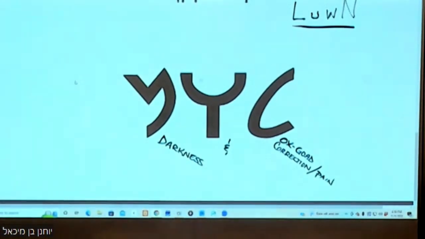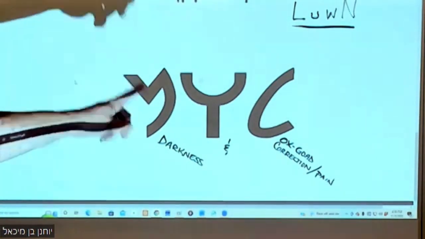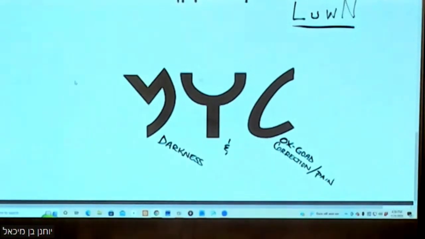But what I want to draw your attention to is that there is a secondary meaning of this word. You know, I always try to bring you a primary and a secondary meaning, okay? Because the secondary meaning for me is what really gets behind the scenes. This word lun means to do two things: to murmur and to complain.